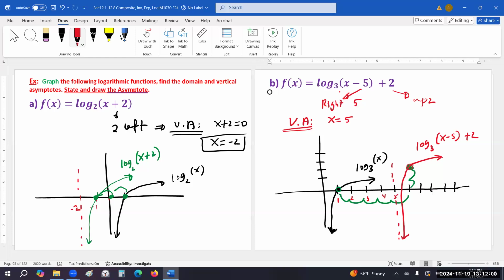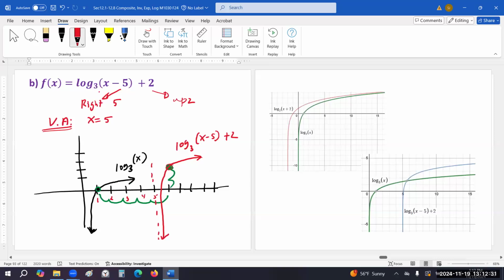If you have a negative in the front, it's a reflection about x. And if you have a negative in the power, it was a reflection about y. The same concept here. If you have a negative in front of the log, it will be a reflection about x. But if you have a negative inside with the x, it should be a reflection about the y.